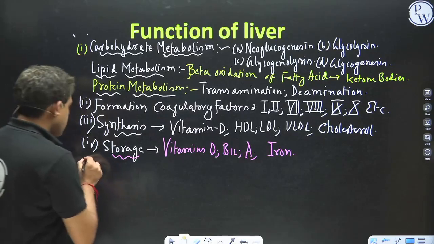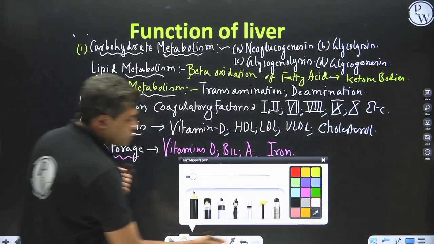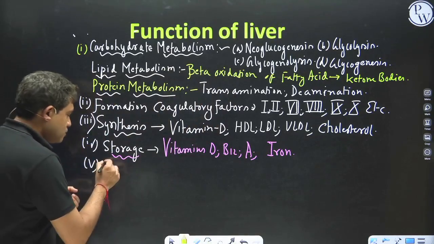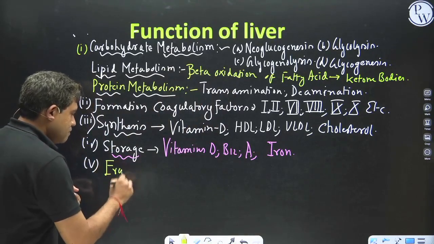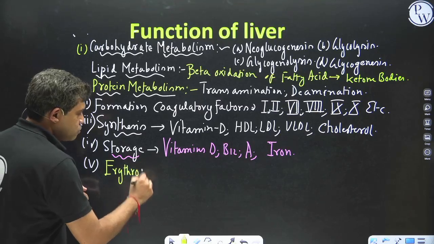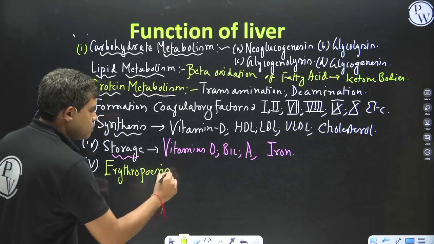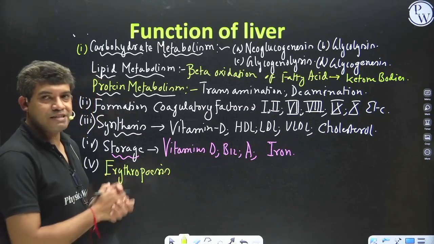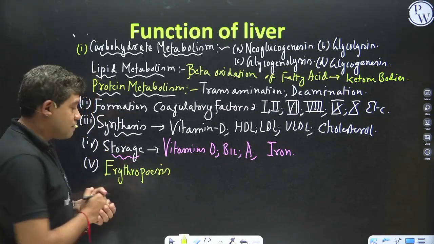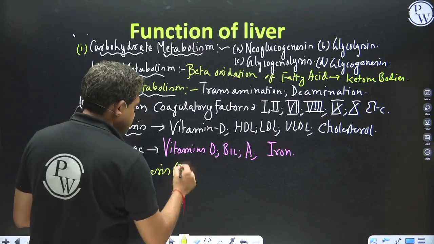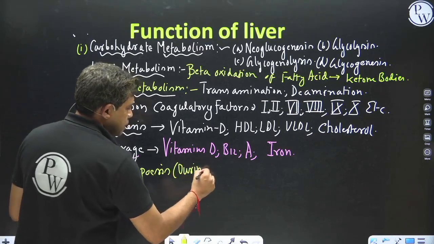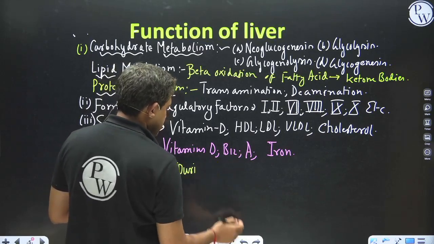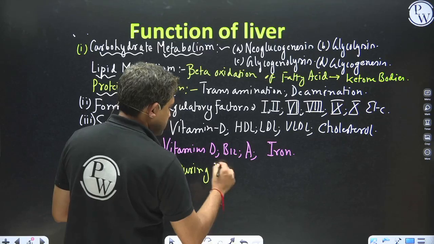If someone asks you, sir, what are the other functions, then what will be your answer? You will always say it is also associated with erythropoiesis. Poiesis means the formation of erythrocytes, that is, RBC. So the liver plays an important role in RBC formation, but it occurs during the embryonic, the fetal condition.